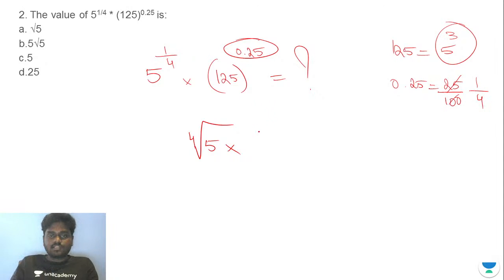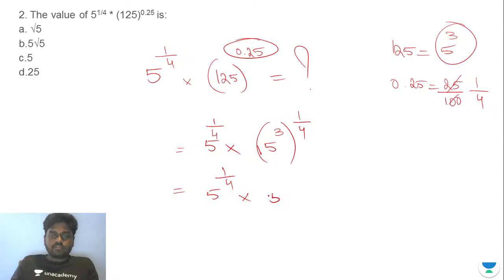You're getting this, guys. So listen very carefully. 125, I can write this as 5 power 3, the whole power 1 by 4. Let me keep this 5 power 1 by 4 as it is. So what I can do exactly here: 5 power 1 by 4 into 5 power 3 by 4.